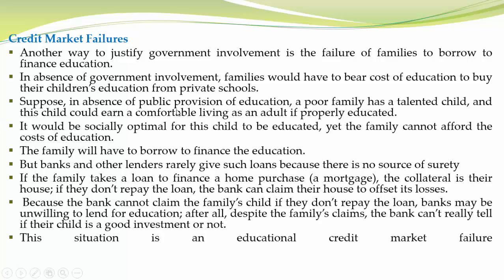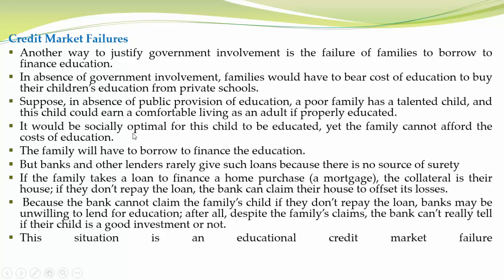Suppose in the absence of public provision of education, a poor family has a talented child, and this child could earn a comfortable living as an adult if properly educated. We suppose a family which has a very talented child, and this talented child can earn a lot of money if he is educated.